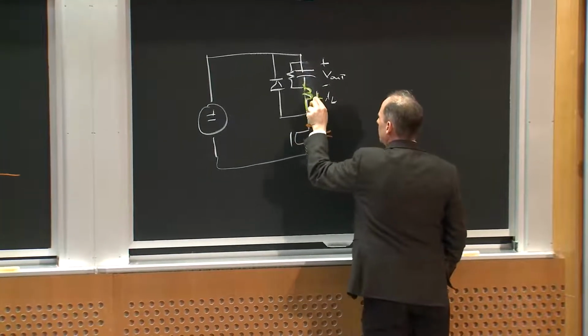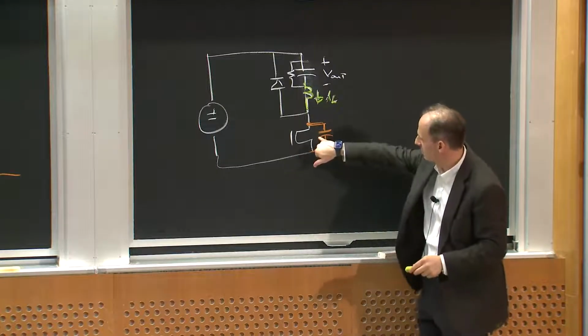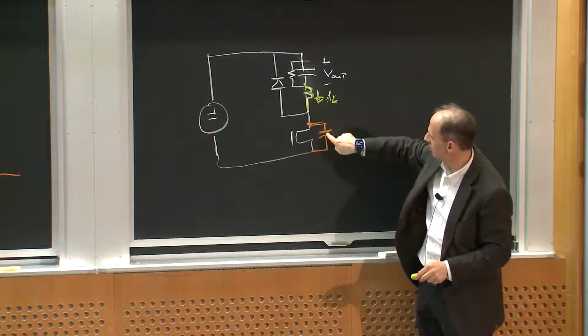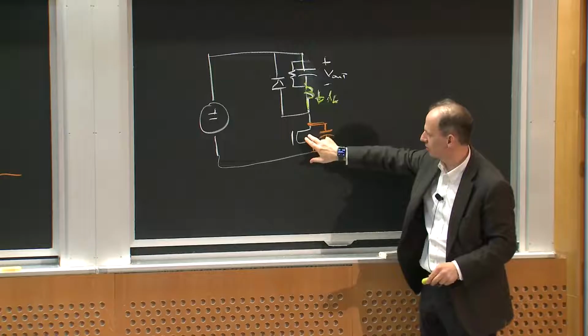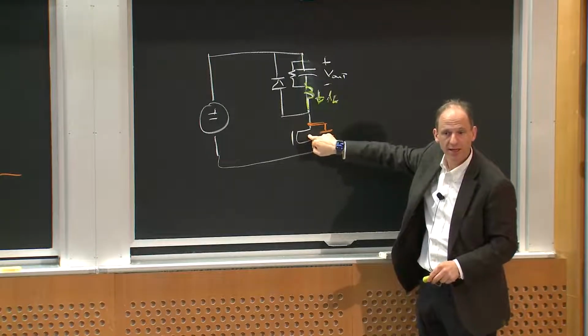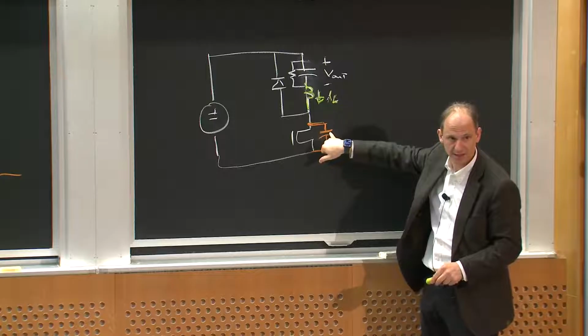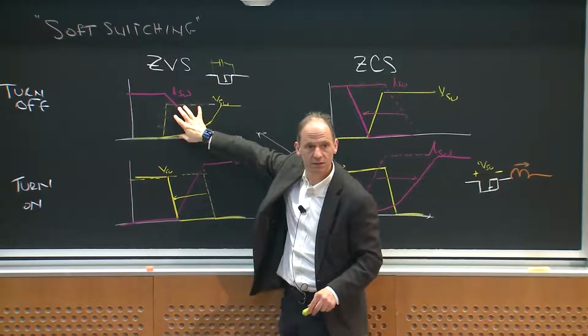Now, what happens when this inductor current, IL, is big and I turn off? Well, if this capacitor is sitting across the switch, even though IL is big and coming here, this capacitor delays the rise in voltage on the switch. And I can turn off the switch under approximately zero voltage because of the capacitance at this node. All right? So that's exactly this picture here.